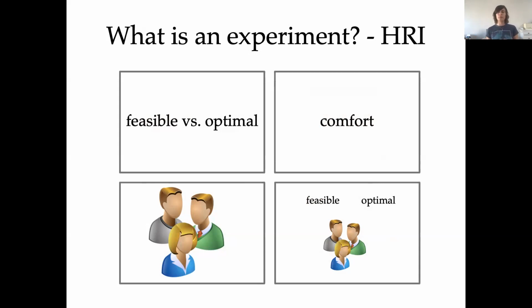If you're energy efficient, for instance, you might have people end up being much more comfortable. So your subjects are the participants coming in, and the way you might allocate them might be between subjects, or you might choose something called within subjects, where each user will end up working with the robot both in the feasible condition and in the optimal condition, so that you can get a comparison. So there are pros and cons between these two, and we'll touch upon that briefly later as well.